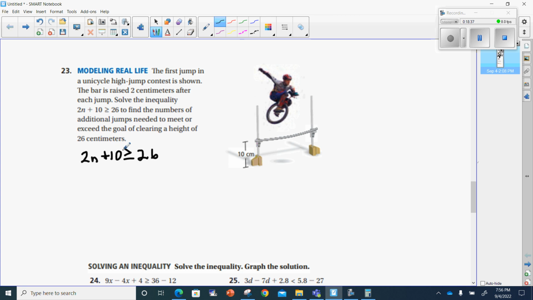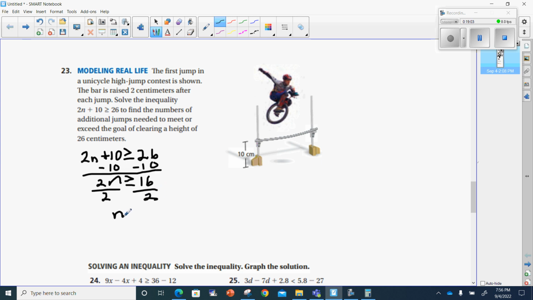We do PEMDAS backward first, so we're going to do the addition and subtraction. If we're adding 10, we're going to do the opposite, which is subtracting 10. Whatever I do to one side of this inequality, I do the other. Now 2n is greater than or equal to 16. And next I'm going to divide 2 away.